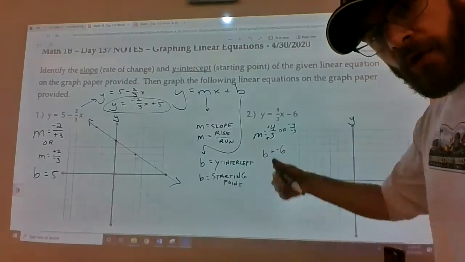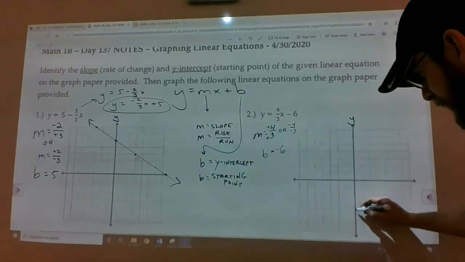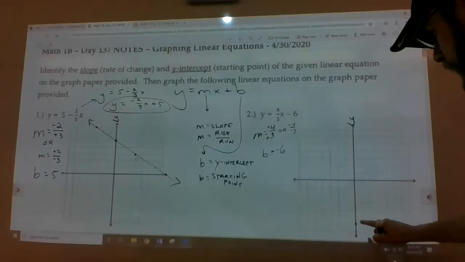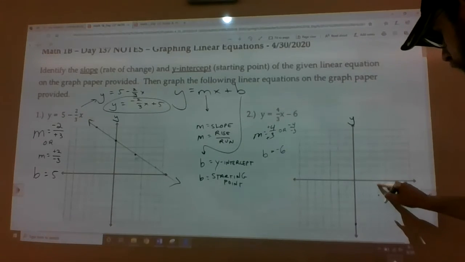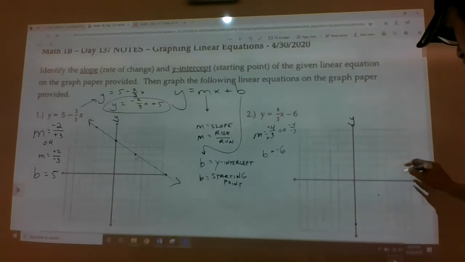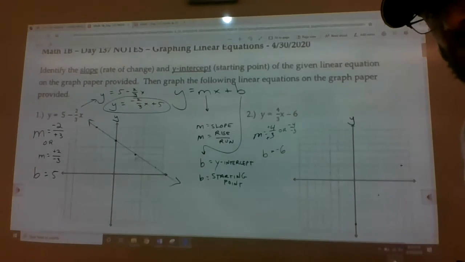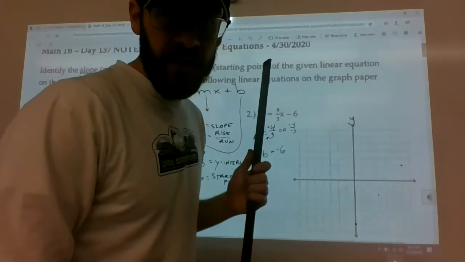So right away we know we're going below the x-axis. Down 1, 2, 3, 4, 5, 6 on the y-axis. Then we go up 4, right 3. I can't really go down and left enough, so I'm just going to plot the points I've got, and then connect the dots.